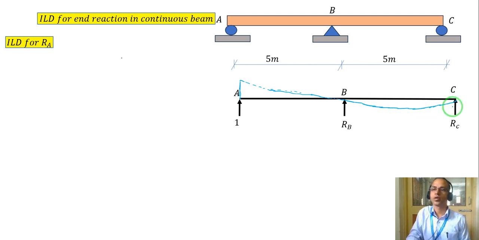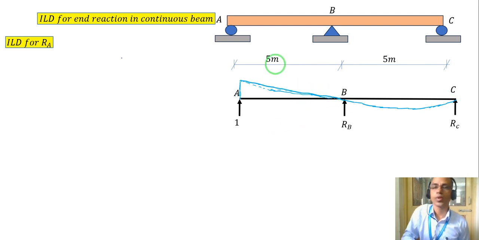Simple. So this is the ILD shape of RA. Now it is only a matter of finding the ordinates.